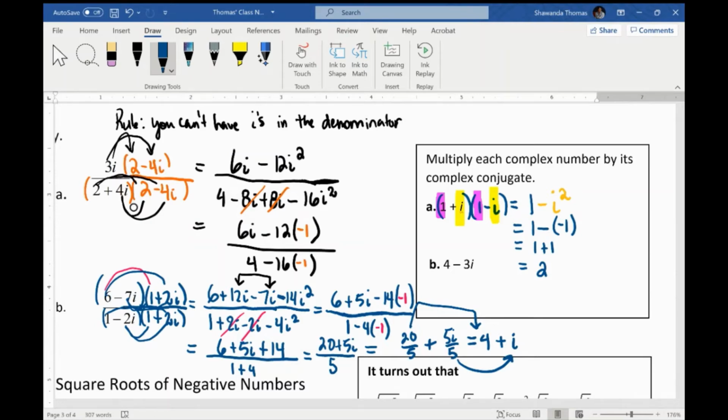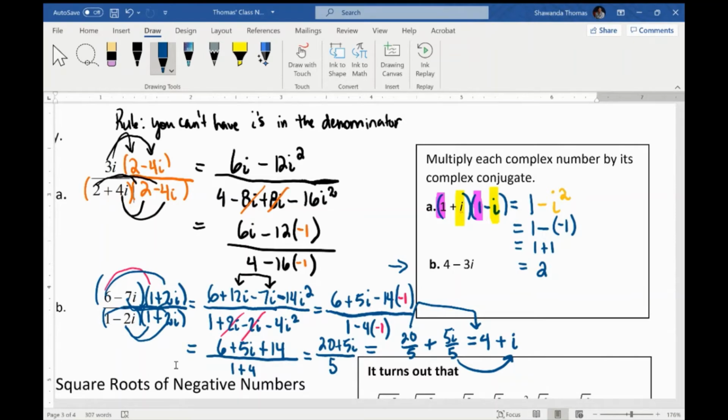All right, let's try this again. What is the complex conjugate of 4 minus 3i? 4 plus 3i. All we're doing to find the conjugate is changing the sign in front of the imaginary part.